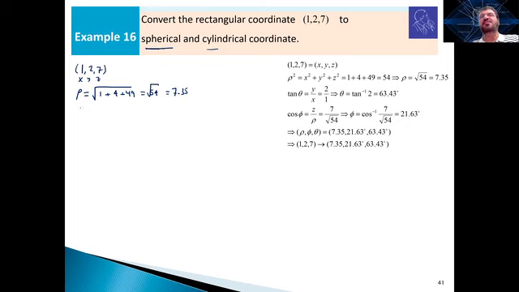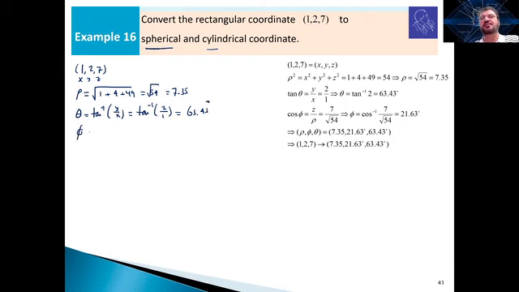Now, what do we need? We need theta. What's theta? Tangent inverse y over x, which is tangent inverse of 2 over 1. Tangent inverse 2 is almost 63.43 degrees. That's the theta.